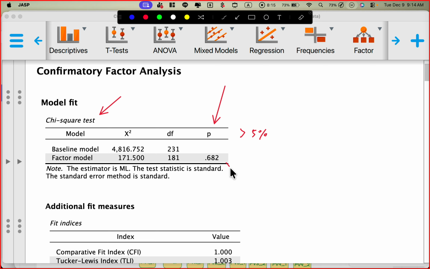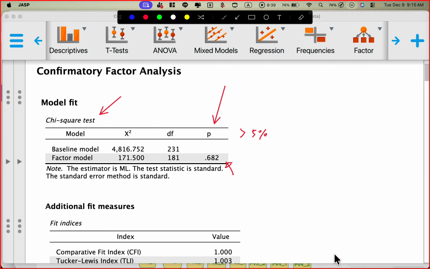So it means the factor model is significant? Significant or not? No, 0.6. It's not significant because it's greater than 5%. So it should be greater than 5% in CFA scenario.